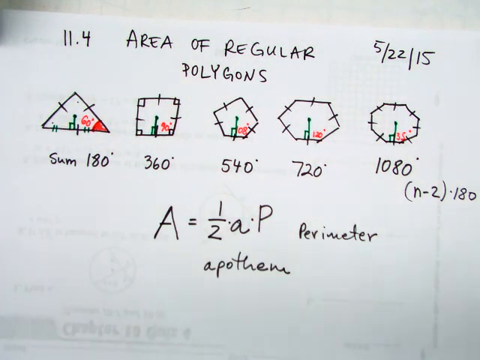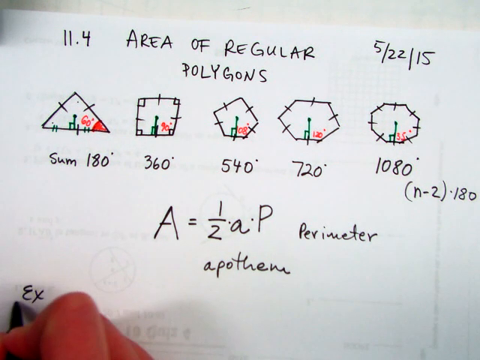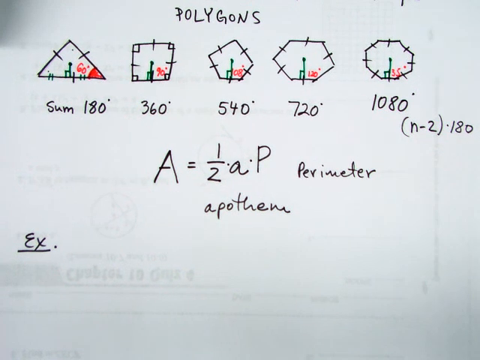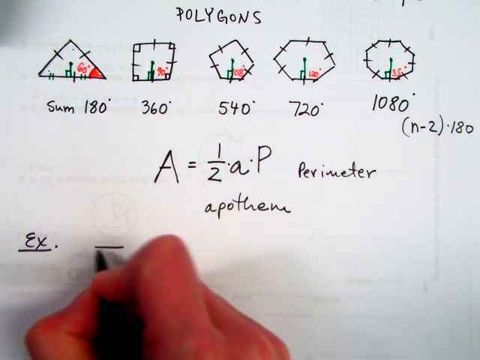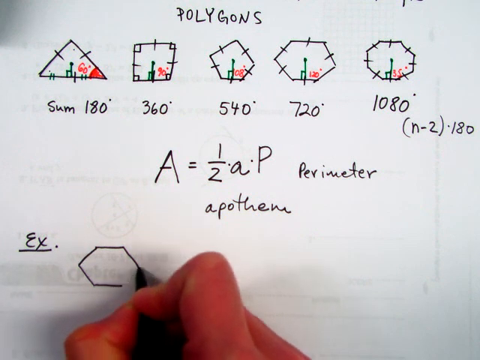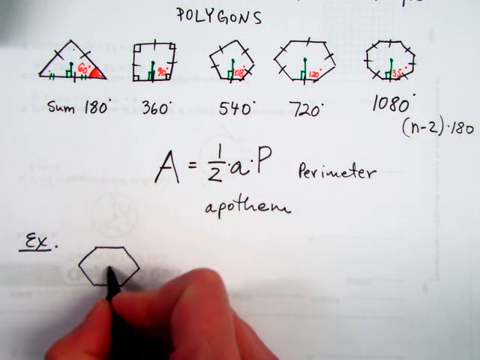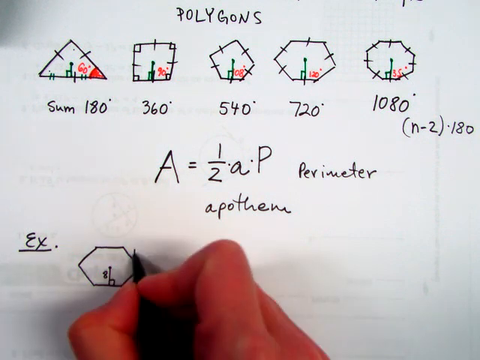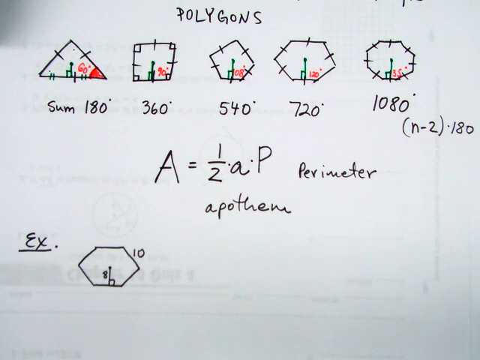All right, so here is a very basic example of how you would find the area of a regular hexagon, if I told you that the apothem is 8 and the side is 10.